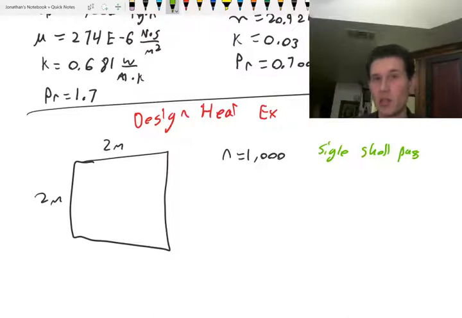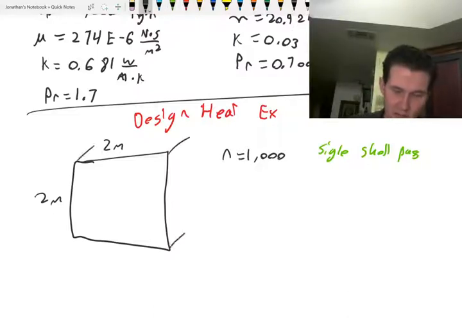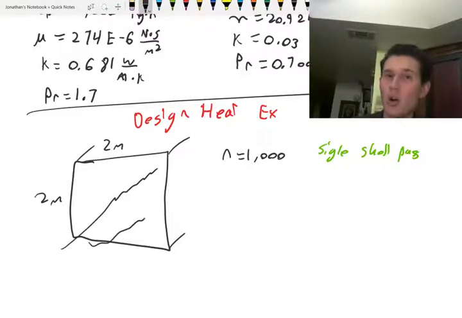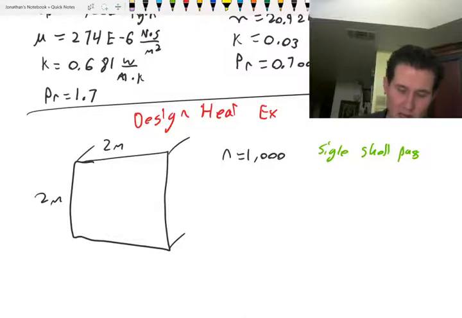So we have one shell, this pipe here, we're running down. We're not dividing it into 2 parts and mixing more air in. That air is just going to go all the way through. And how about the pipes? So we have our pipes, and we want to do a double pass on the pipes.